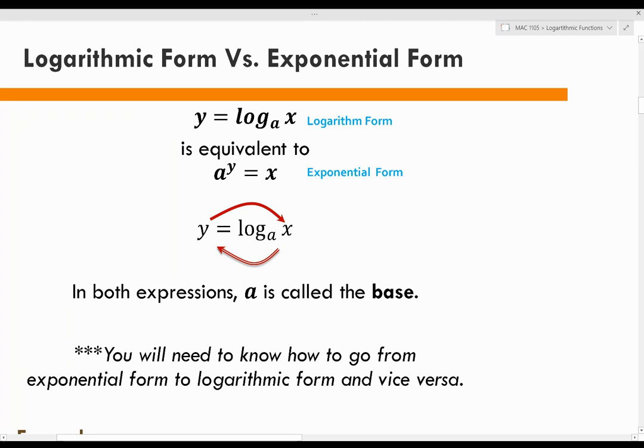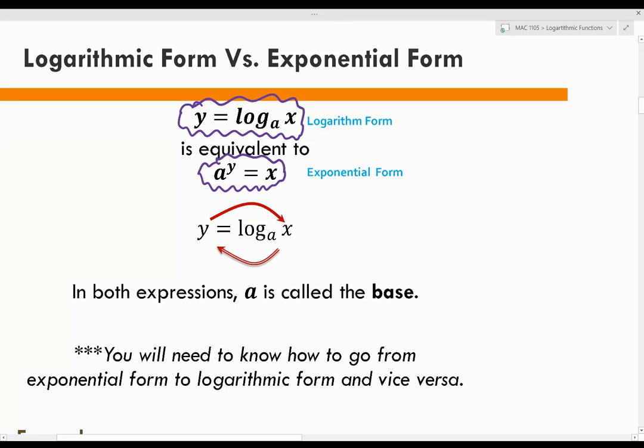So you'll have to know how to convert back and forth between the two. This first form here is logarithmic form. You can tell because it will actually have the word log in it, L-O-G. In exponential form, what we've looked at before, your variable is going to be in the exponent.